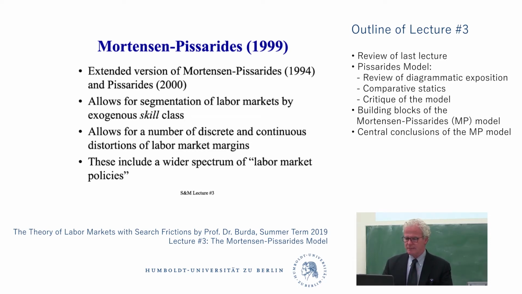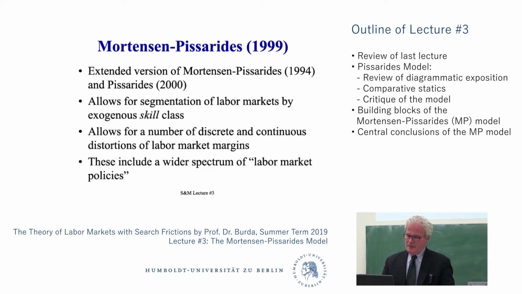The value of the MP model is that you can add all these different policy bells and whistles. And one of the things you can do is actually make workers have different skill levels. You can define separate labor skills, and you can define separate labor markets by skill.